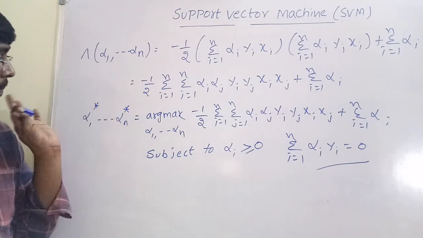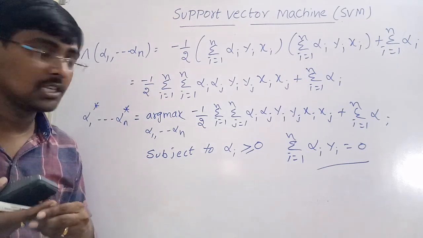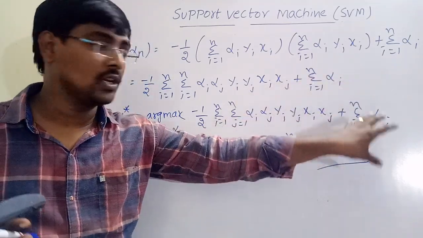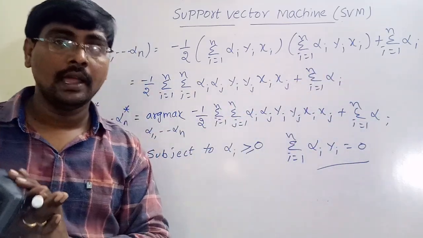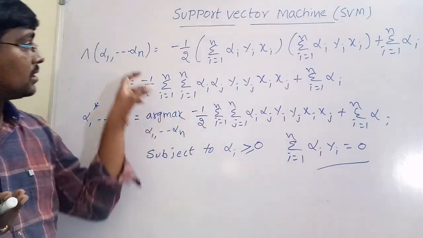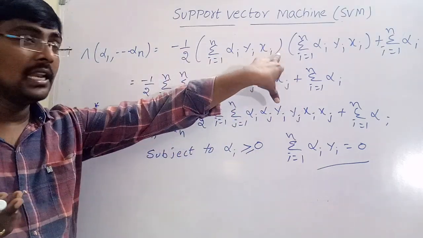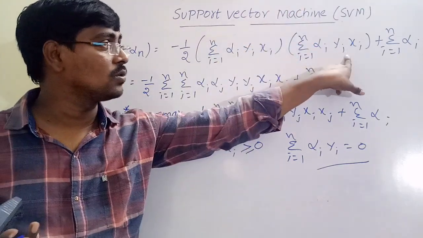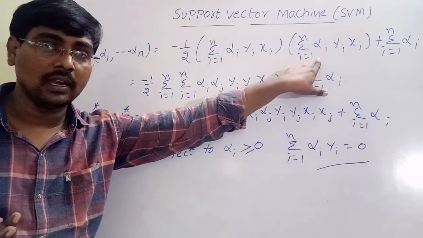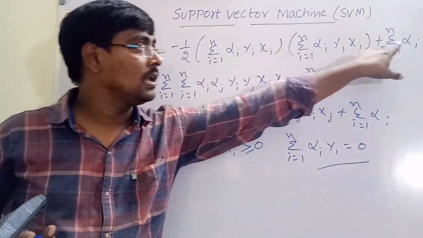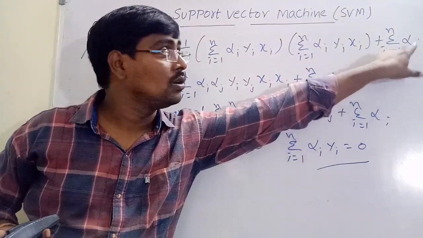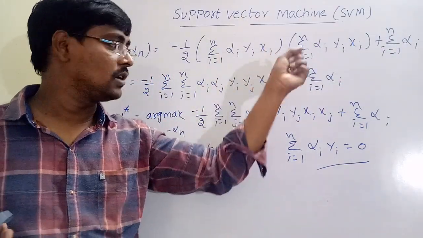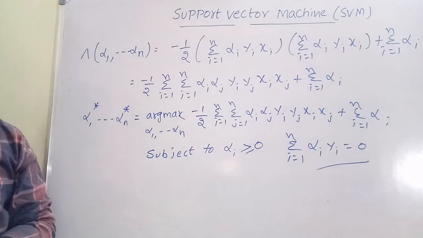This is the dual optimization problem: maximize the function under positive constraints and one equality constraint. How are we getting this? By eliminating w and t in the previous formula: 1 by 2 w square, where this is the value of w, plus the last term sigma i equals 1 to n alpha i. If you understand the first equation, everything is very simple to calculate.